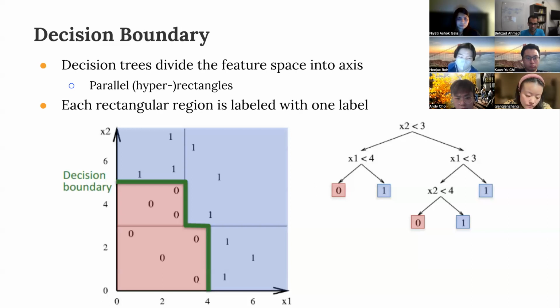Yeah, x2 equals 5. X2 equals 5 gives you all ones here. Instead of 3, go by 5. You're saying that if you ask whether x2 is larger than 5, that's all ones here.